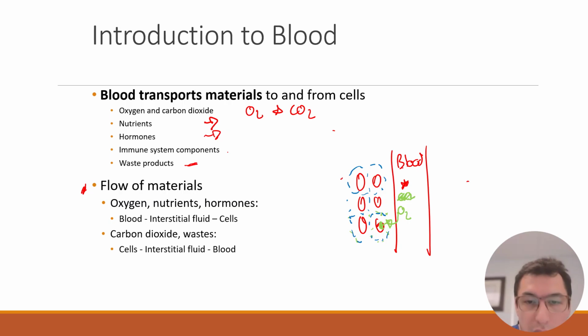The cell will process that oxygen, deliver CO2, and then it will go into blood. So the flow of materials goes through the intermediary player, the interstitial fluid. This is important to understand as we will have to know where fluid is and how it affects different disease processes in the future.